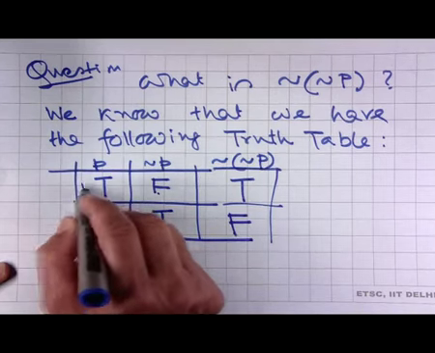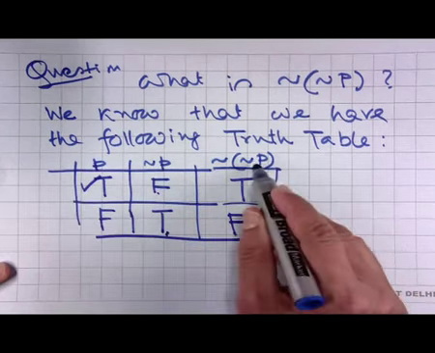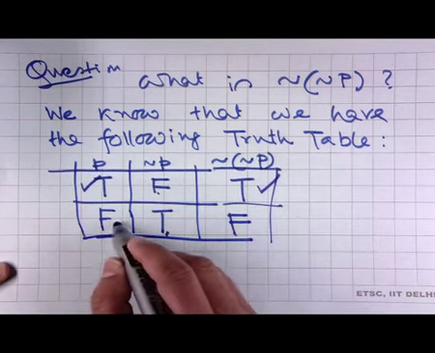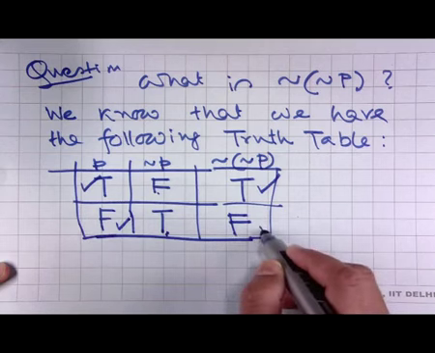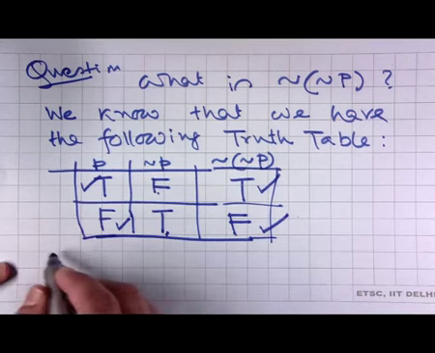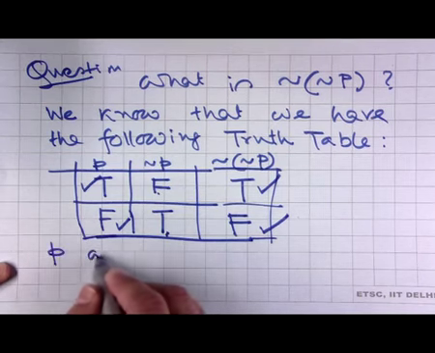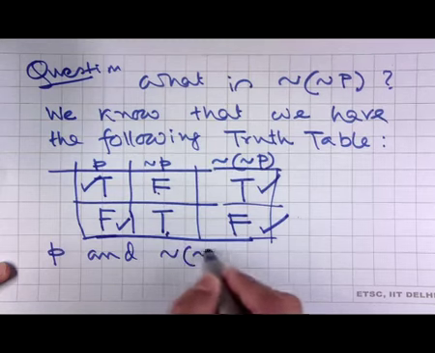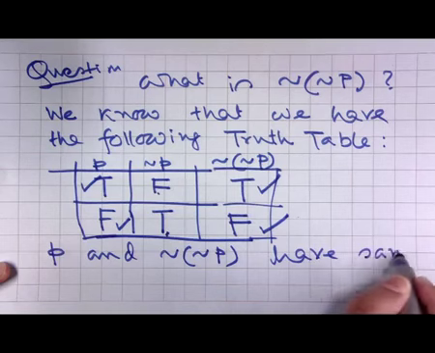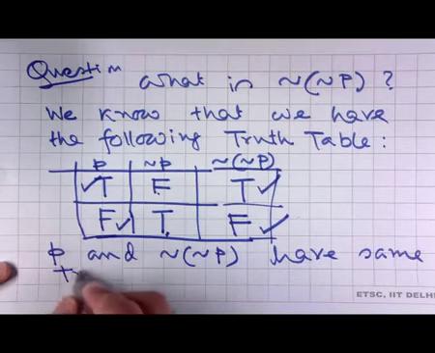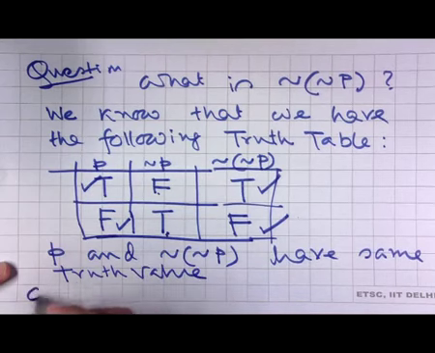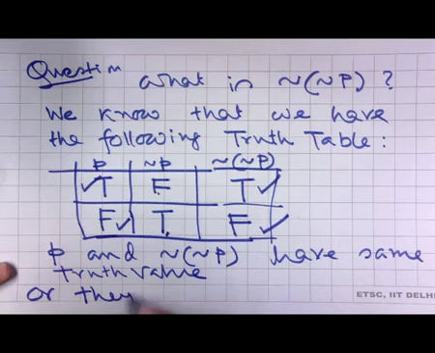Therefore, whenever P is true, negation of negation of P is also true. Whenever P is false, negation of negation of P is also false. So, we can see that P and not of not P have the same truth value, or we call them equivalent.